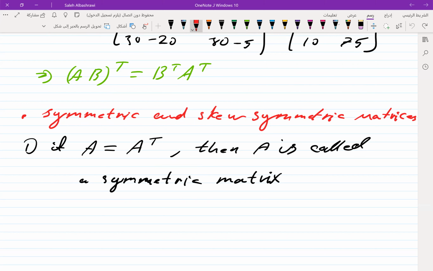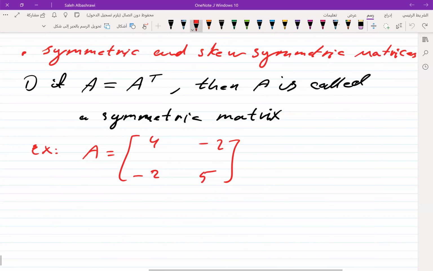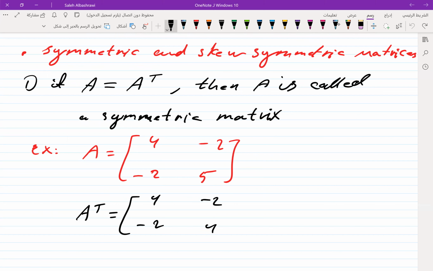For example, A equal to 4, minus 2, minus 2, and 5. For this one, A transpose equal to 4, minus 2, minus 2, 5. It is equal to A itself. So if A transpose equal to A, then we say the matrix A is symmetric.